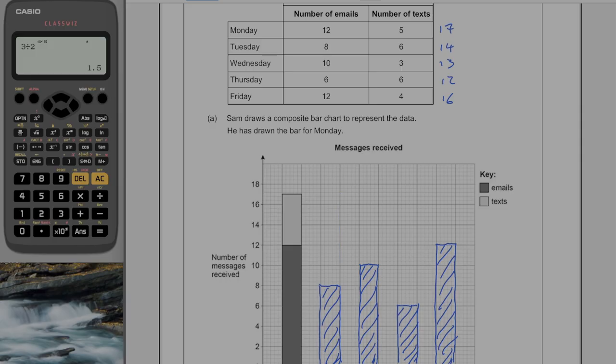I've already got 17, so we agree with that. We want to go 14. We want to go 13. We want to go 12. And then finally 16. So there we go.